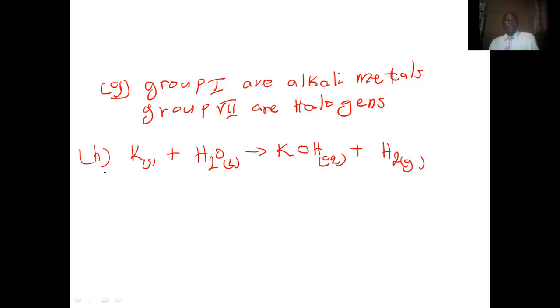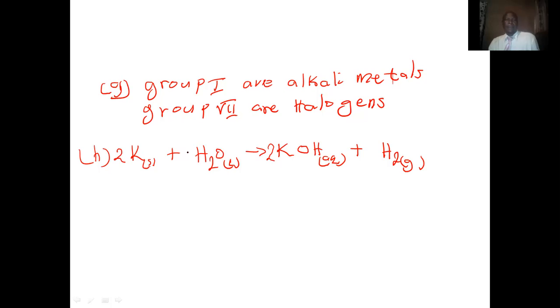So balancing this one, you notice that you need to have 2 atoms of potassium. Therefore here you put 2, meaning that you have 2 atoms of potassium this side and 2 atoms of potassium on the other side.